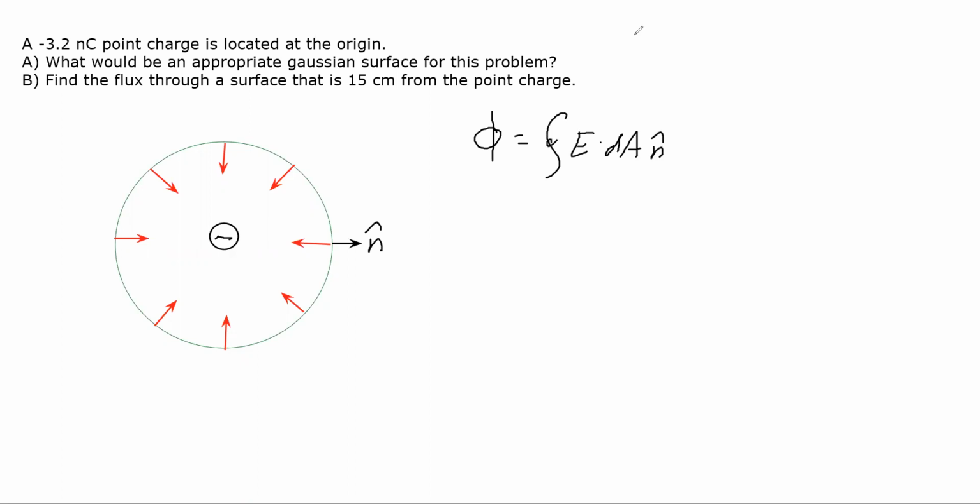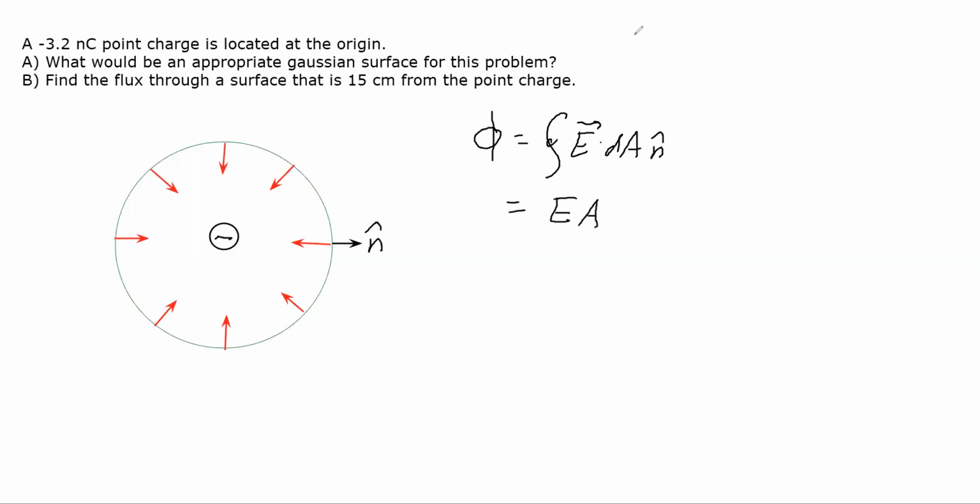Well, along the surface, electric field is constant. Okay, so that's good. It's supposed to be a vector here. Now, electric field is not parallel to my normal, right? I can't say electric field is perpendicular to my surface, so I can't simplify this to EA.